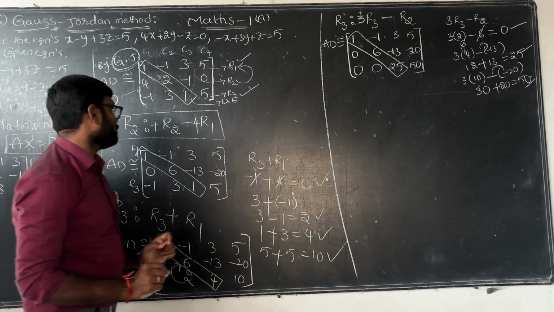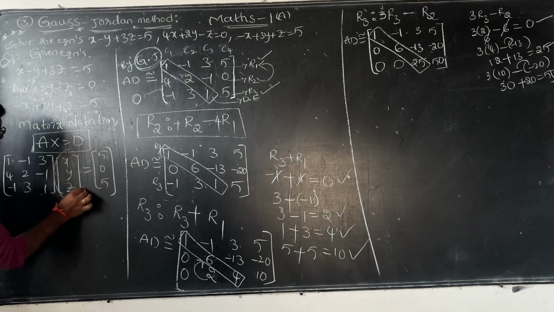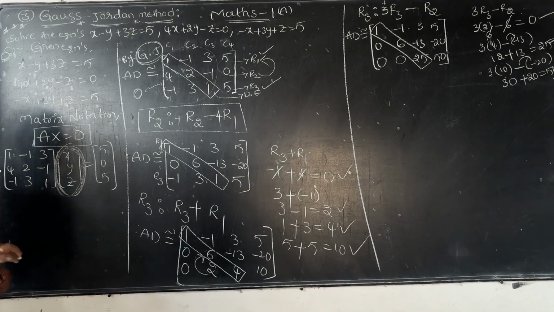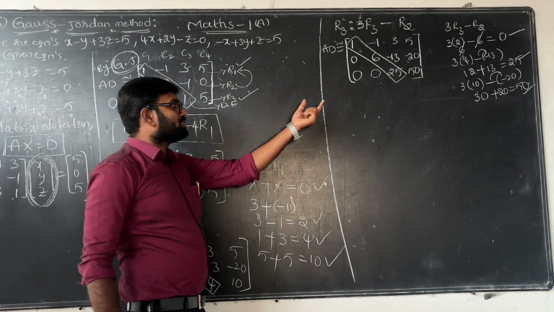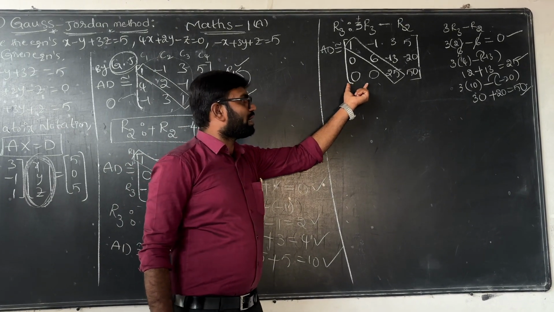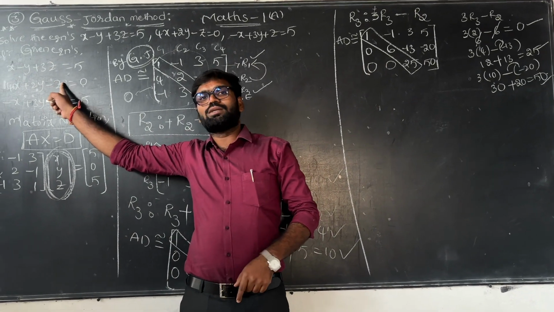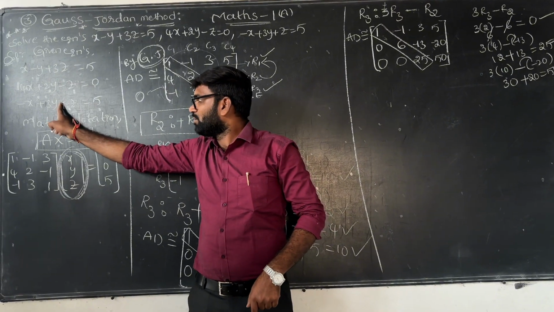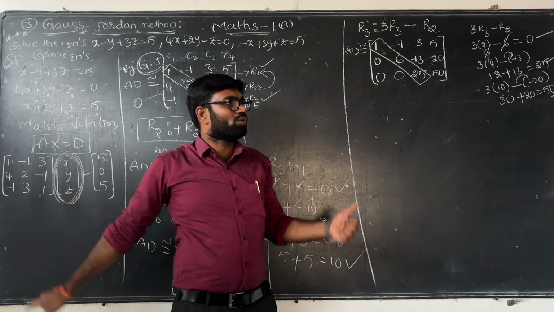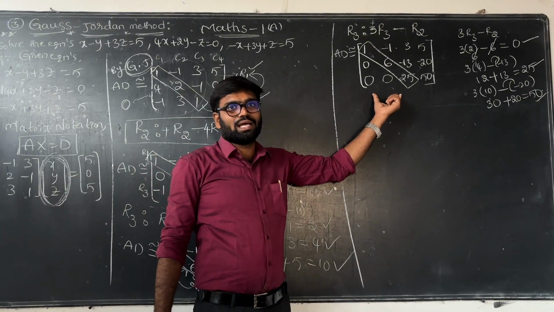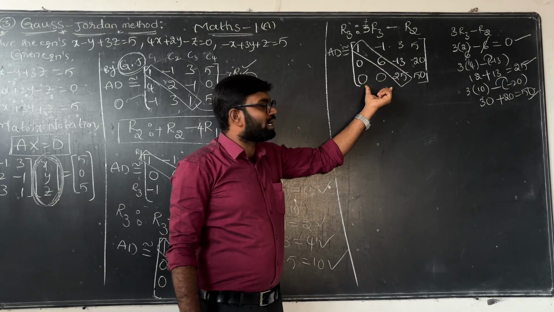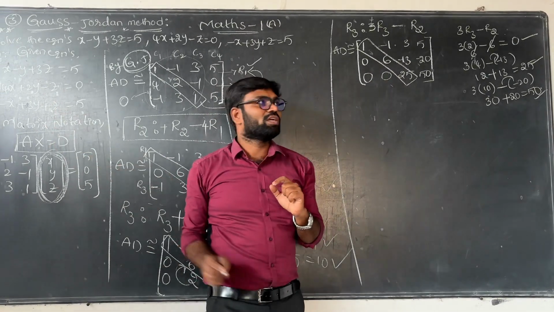Next you need to solve the values of x, y, z. So that's why the resultant matrix is converted into equation notation again. We converted the given equations into a matrix and applied the procedure, and this is the resultant matrix. Now again this is converted into equation notation.